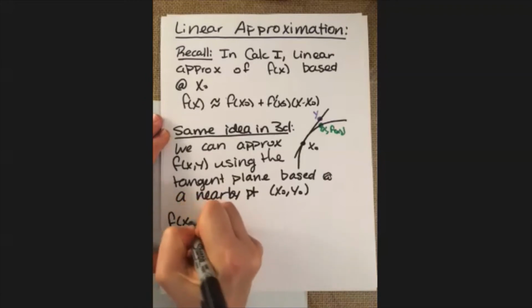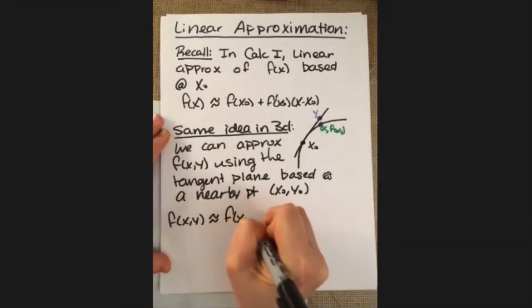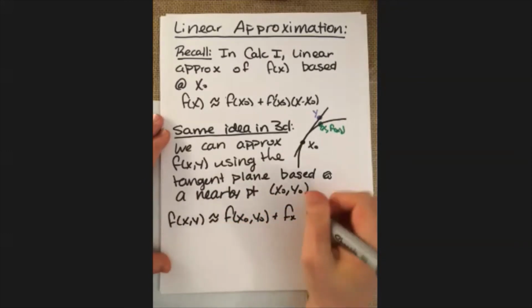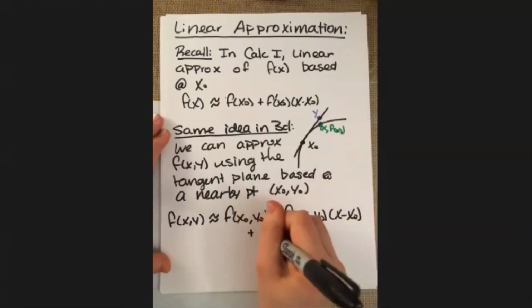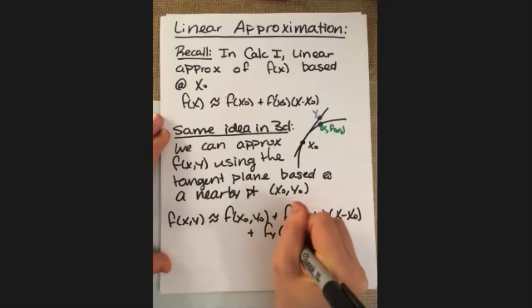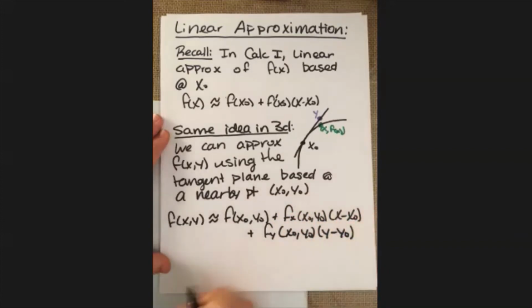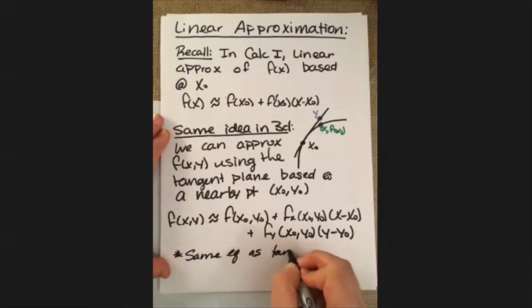So f at x, y is approximately equal to f at x naught, y naught, plus the partial derivative with respect to x at x naught, y naught, times x minus x naught, and then plus f sub y at x naught, y naught, times y minus y naught. So again, this is the same equation as the tangent plane.